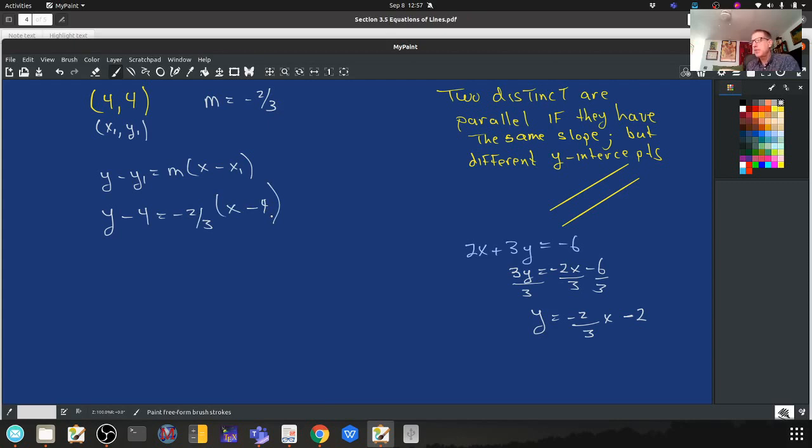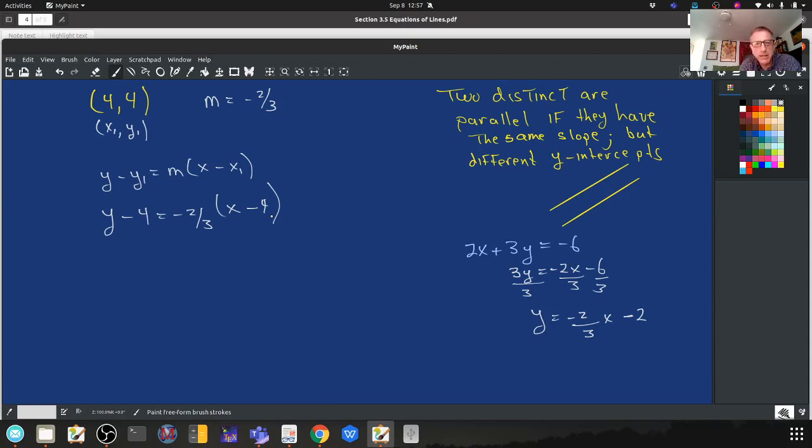And that's all you have to do. That is a perfectly good equation for the line that passes through the point 4, 4. There's other ways to do it.